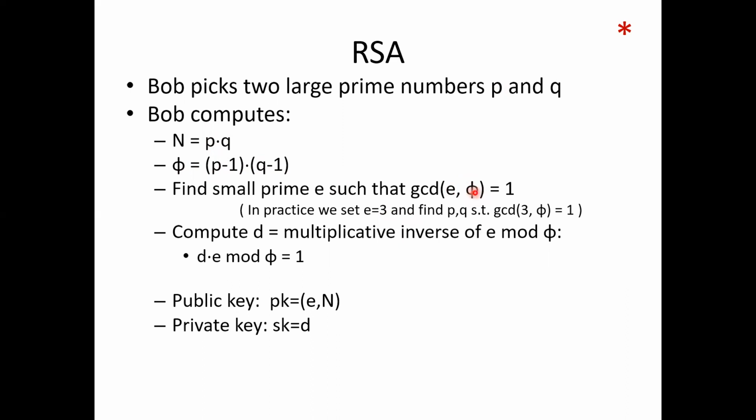But 3 could be. So in practice, we pick E equal to 3, we fix E as 3, and we pick primes P and Q so as to make sure that neither P minus 1 nor Q minus 1 is divisible by 3, so therefore phi has no 3 factor, so therefore it's co-prime with 3. And okay, finally, we compute D, which is a multiplicative inverse of E mod phi.